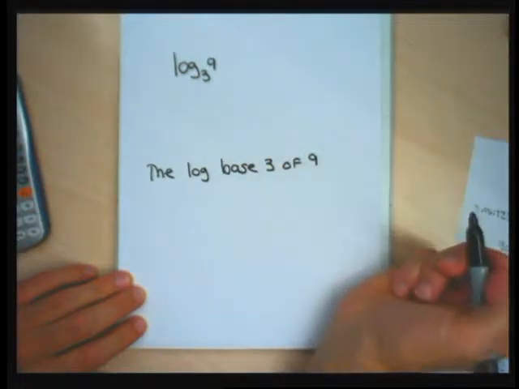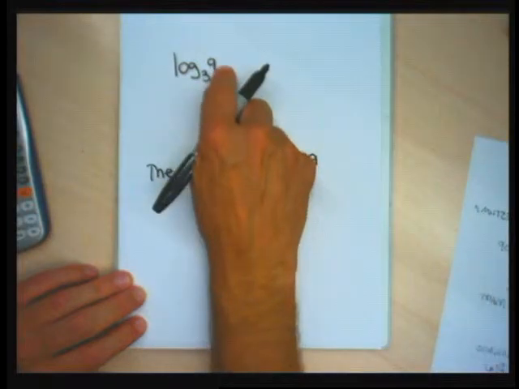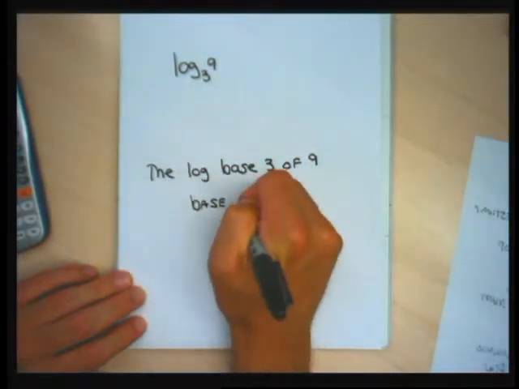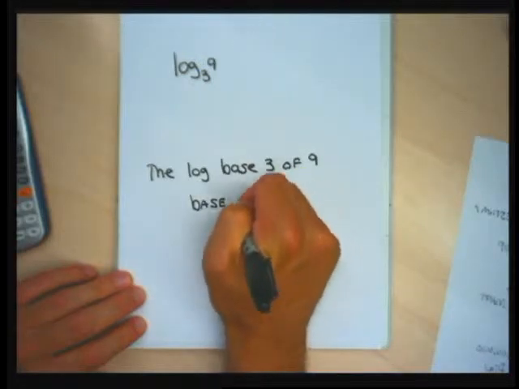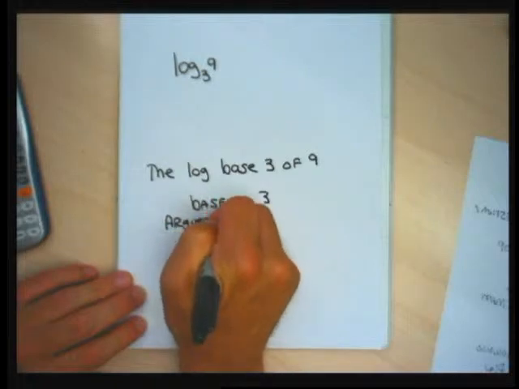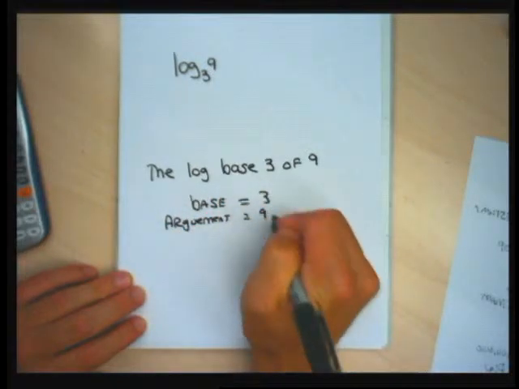So there's two parts to any logarithm, the base and the argument. In this logarithm, the base is 3, and the argument, I'm not sure if I spelled that right, is 9.